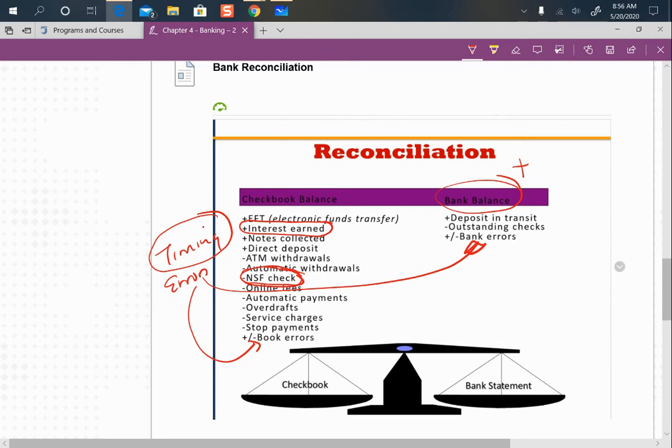Then there's also, for example, the service charges. Let's say you have a checking account and the bank charges you $12 a month, or $30 a month, whatever it is, or any other service charges the bank will charge you for providing that account to you.